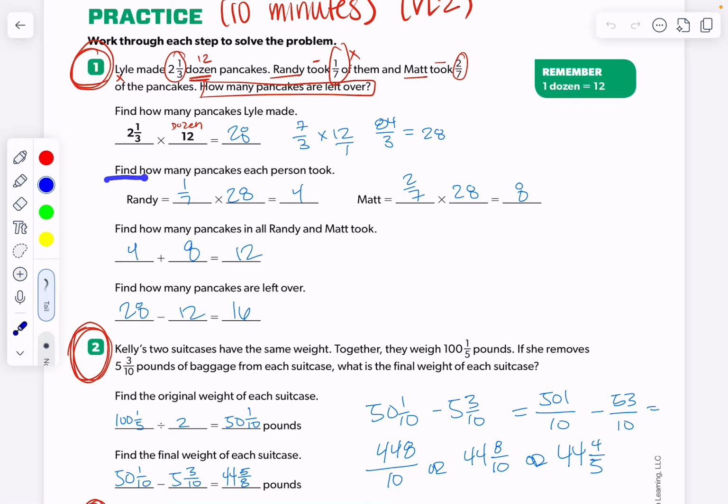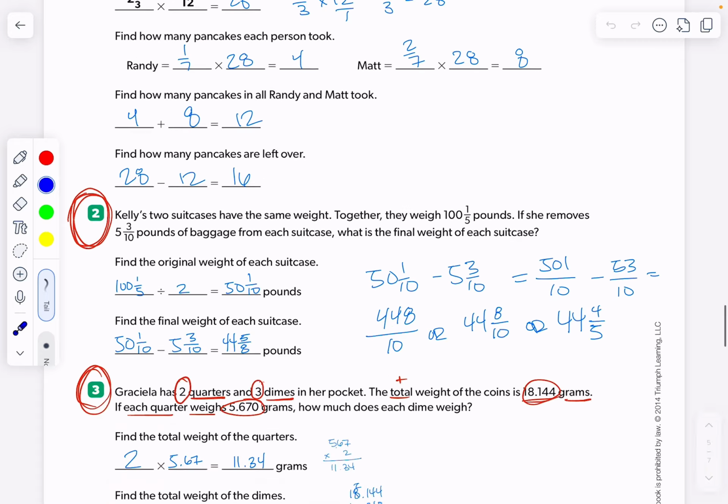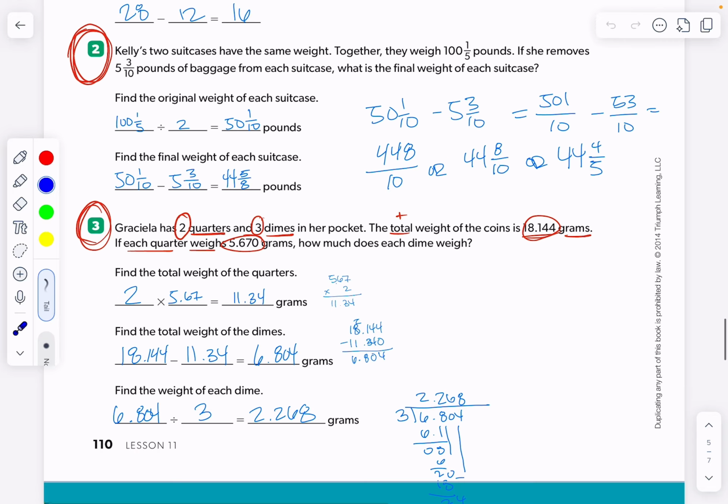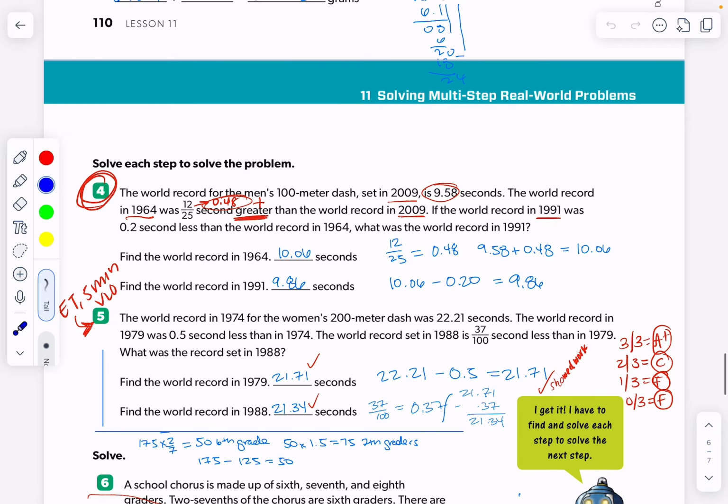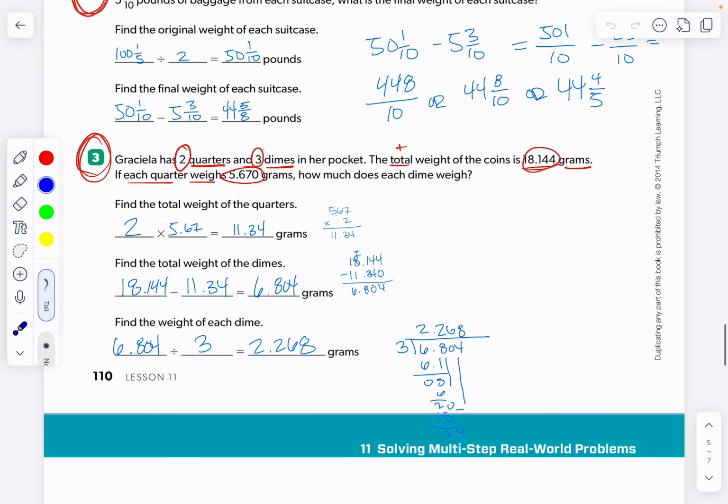From there, you need to find how many pancakes each person took. Then find how many pancakes in all Randy and Matt both took, and then how many pancakes are left over, right? So all these questions that the students are going to work on for today, they are given some at-bats on how to tackle those questions.